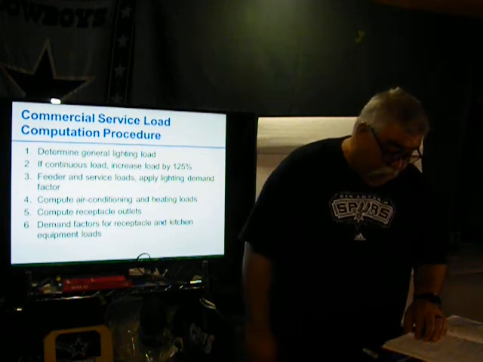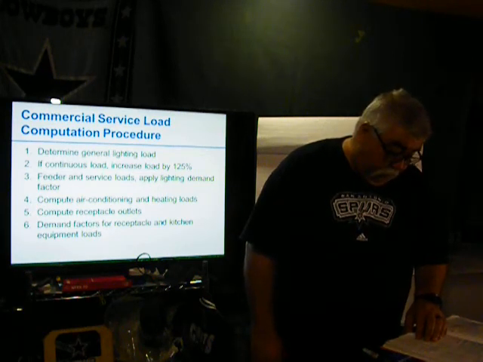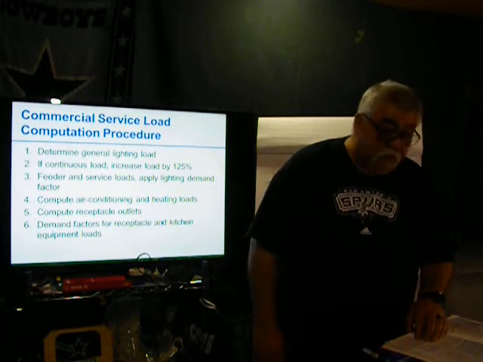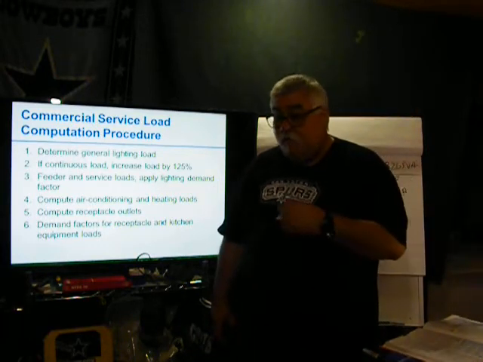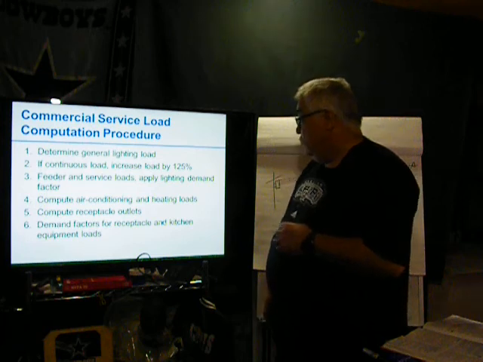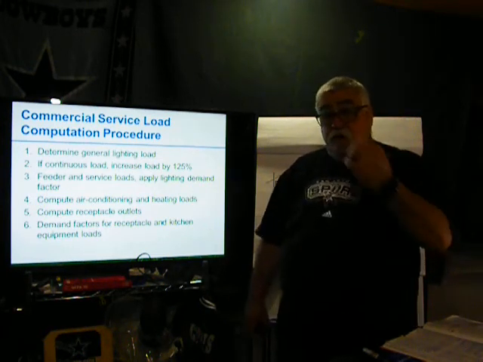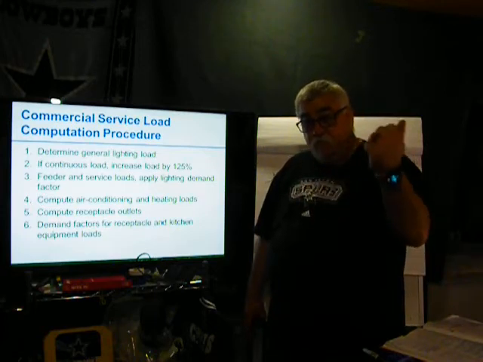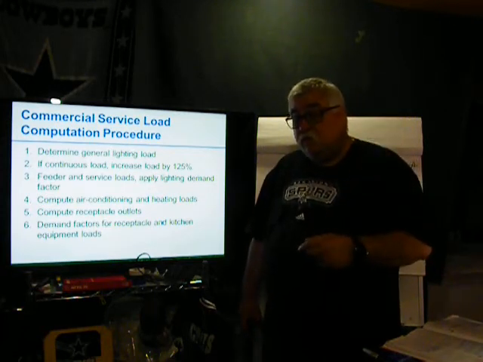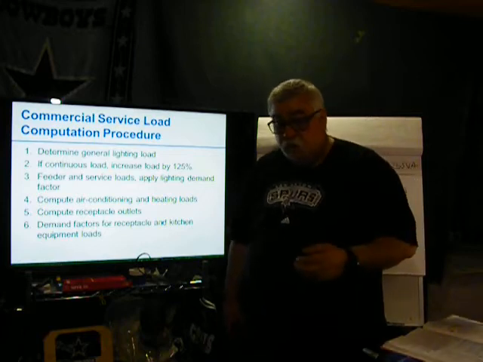Section 210.20(A). For the feeder service loads, use table 220.42 and apply the lighting demand factor required for types of buildings. So there's that demand factor. Okay, so where was it? Here it is right here. So the lighting demand factor, if you have dwelling, hotels, motels, hospitals, warehouse.